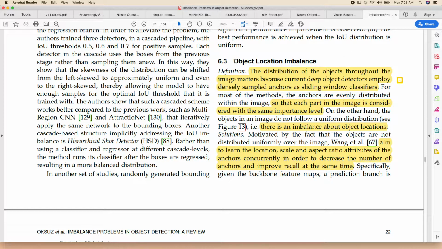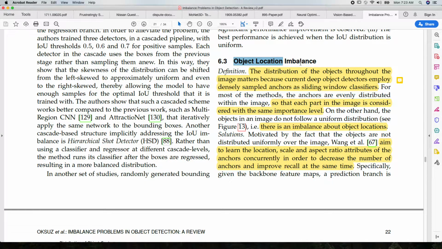So we're saying where the object is commonly located, because the neural network can just memorize that, okay, once it's 5 pixels to the left and 10 pixels from the top, there will be the object there.